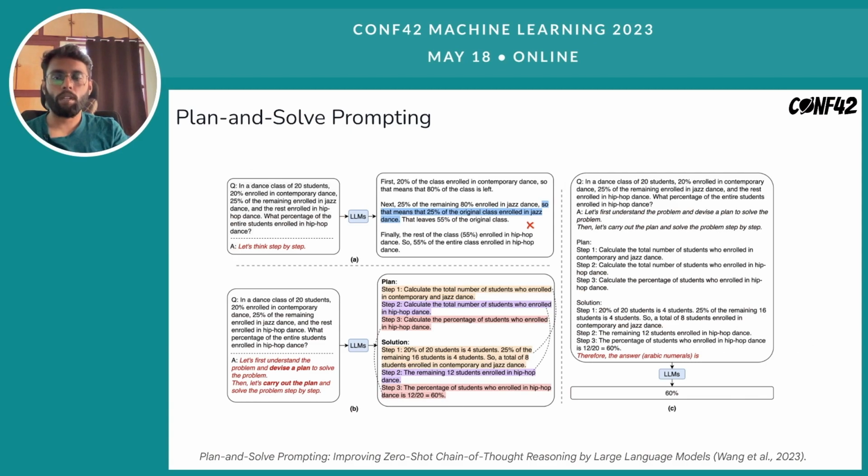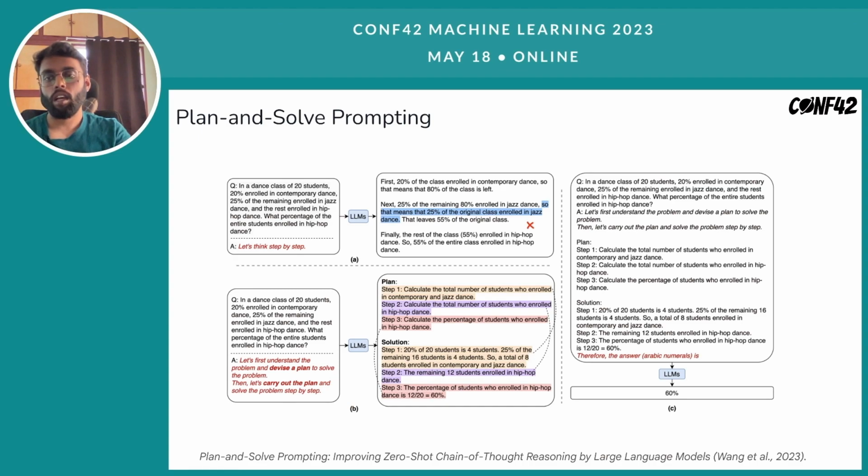But this wasn't working that well, mainly for different reasons. One is the arithmetic ability, as we saw before, and then there were a few inference steps that are missed by the model, and a few inference steps that are not converted to solutions in zero shot chain of thought prompting. This is rectified by a methodology called plan and solve prompting.